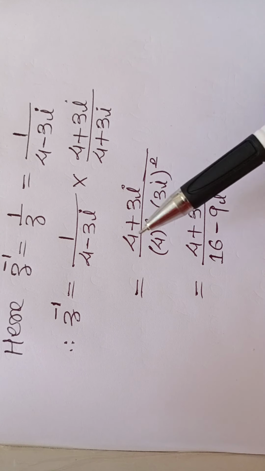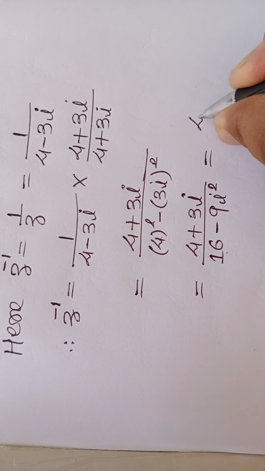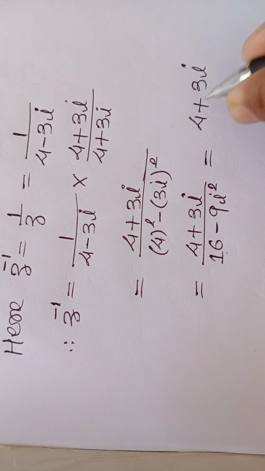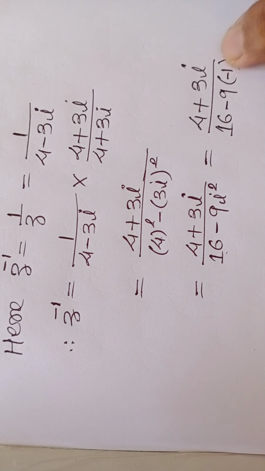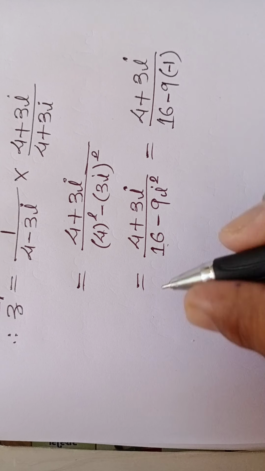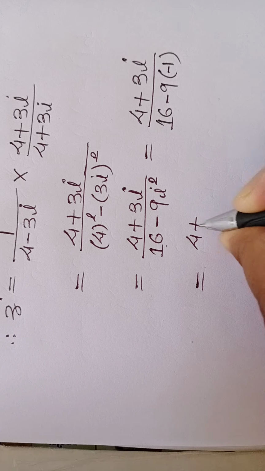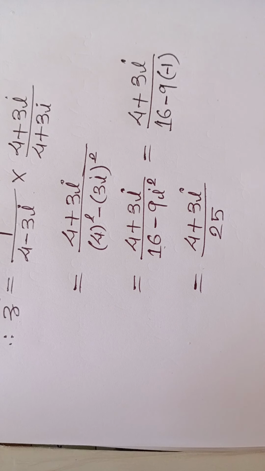Remember that 4 square is 16, minus 9i square. This is 4 plus 3i upon 16 minus 9 into minus 1. I think you do not forget that i square is minus 1, my friend. Always remember that i square is minus 1. So finally this is 4 plus 3i upon 16 plus 9, which is 25.